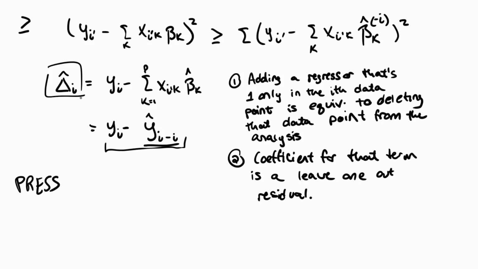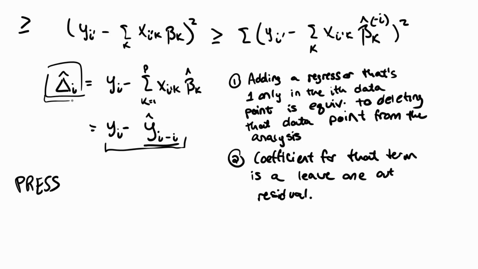If you need a coefficient that's devoted just for that data point, then that data point is an outlier. And the t-test for this is actually a valid t-test. So that gives us a form of standardized residual for the ith data point that is t-distributed.